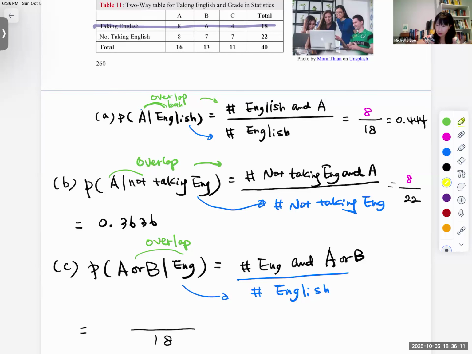Yeah, we have to be a little bit careful, right? So A or B. So taking English, A or B, so we add A plus 6. Make sense?